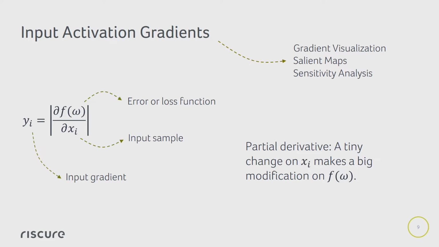So the result of this derivative is the input gradient. The explanation for this equation is that a very tiny change in the input sample makes a big impact in the loss function. If you have this effect, it means that this sample is important for the network decision.